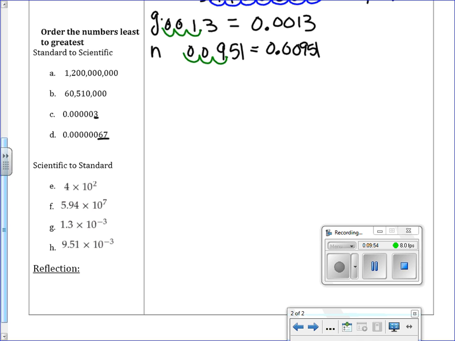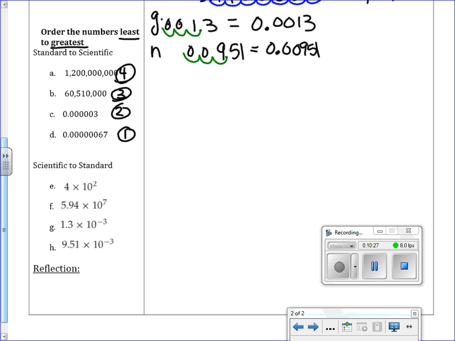We're looking at the number of zeros. The number of zeros tells us which one is greater in value. It turns out that D is a much smaller number than C is. So if we were to order these from least to greatest, we would say this is first, this is second, this is third, and this is fourth. Again, least to greatest. That's why that's the order that they're in.